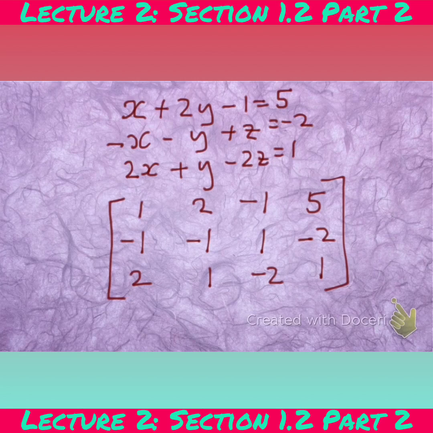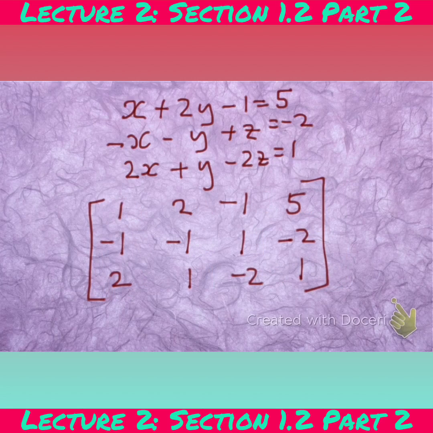All right, so now we don't have zero rows to contend with. We are going to select the leftmost column that has at least one non-zero entry. This is that column, and I'm going to pick any number, either 2, minus 1, or 1, and place that right at the top as my leading entry. I'm going to choose 2.